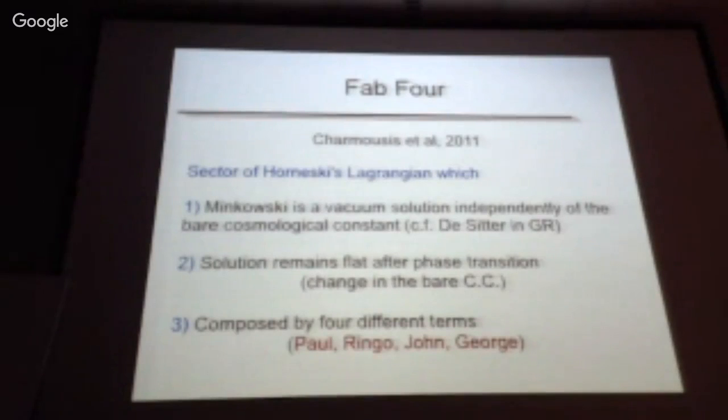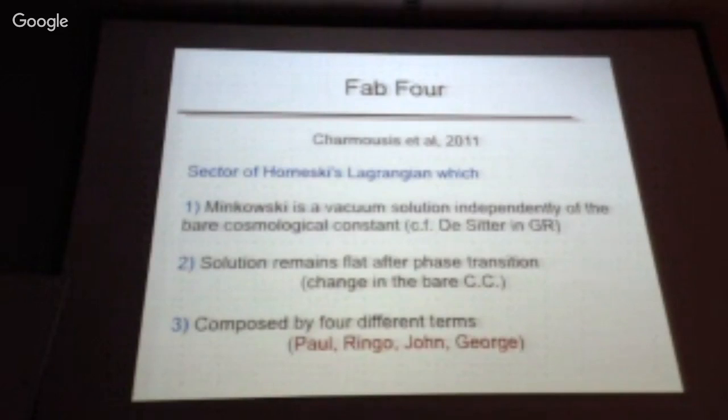So this is Horndeski, but it still has a lot of freedom. You can also play with several terms. Anyway, what I want to say is that Minkowski is a solution, even if you have a cosmological constant. But not only that, this solution remains a solution even if I get a phase transition that changes the cosmological constant. So if I get a cosmological constant that suddenly grows, flat space-time is still a solution.